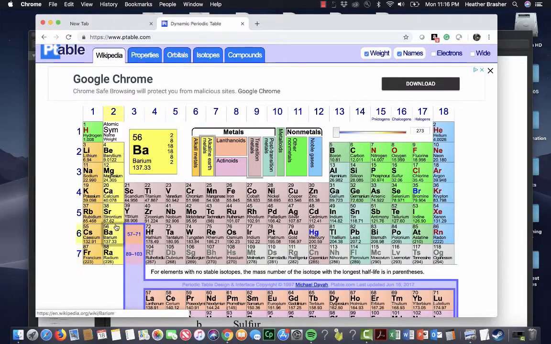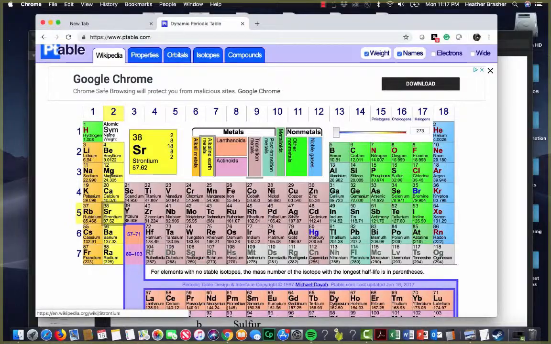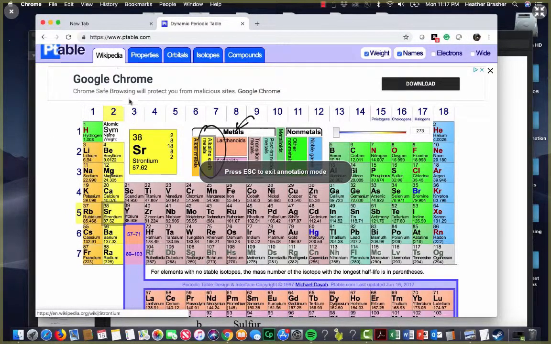And if you look, it is right over here. This one is an alkaline earth metal, and you can see up here, it's telling you those are within the metal category. So this first one is a metal.